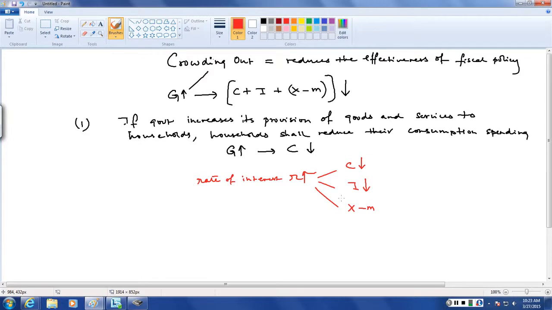Now, what about net exports? What's the story there? Is there a link between the interest rate and net exports? Okay, let me ask you another question. Is there a link, do you think, between the currency exchange rate and net exports? Is there a connection?